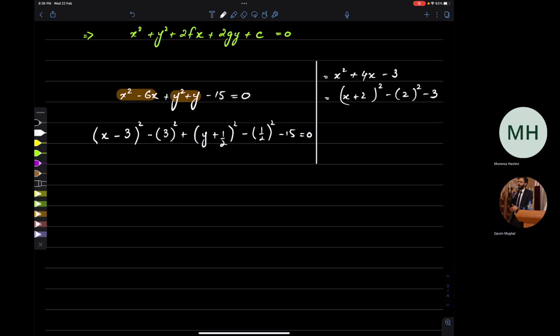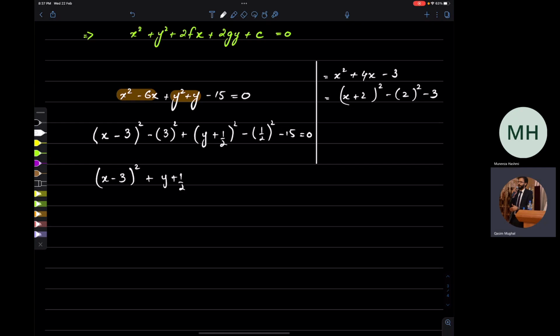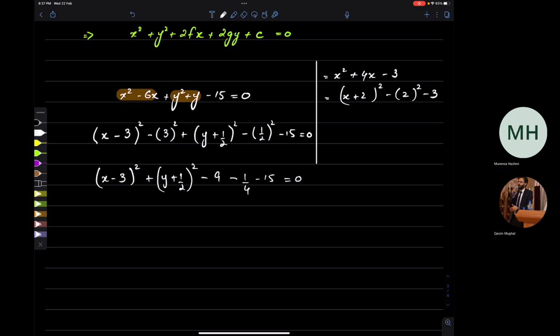Now I'm going to work out the constants here and leave the square brackets as they are. So x minus 3 whole squared plus y plus 1 over 2 whole squared minus 3 squared is 9, minus 1 over 2 squared is 1 over 4, and then minus 15 equals 0.